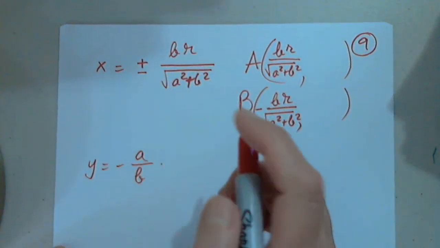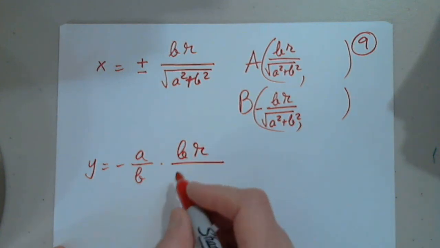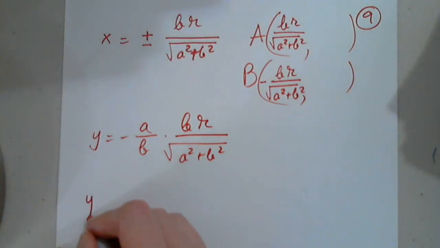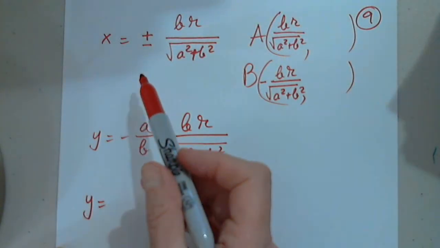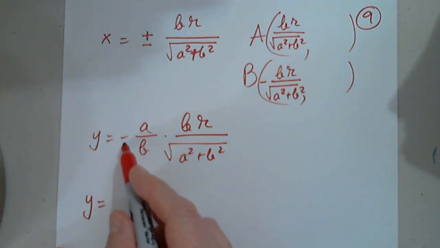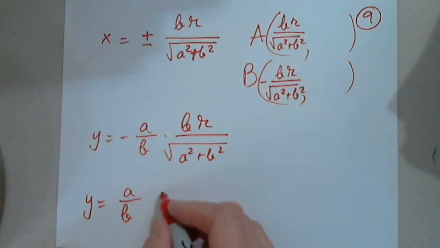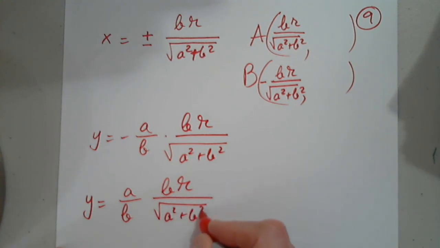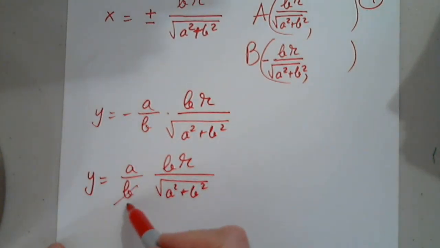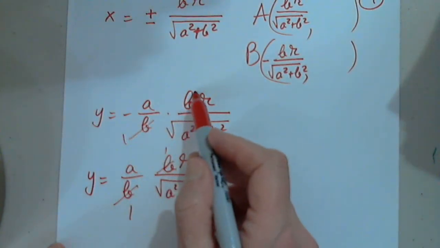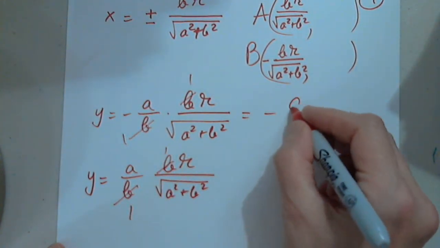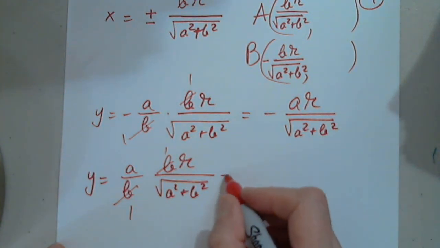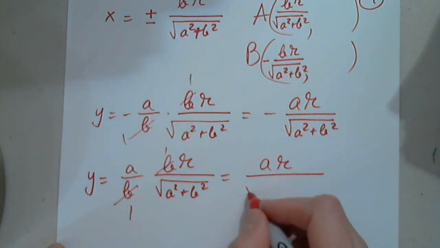When it's positive, I have br over the square root of a squared plus b squared, or with the other sign, the negative, but that will change this into a positive a over b, times br over the square root of a squared plus b squared. Simplify, simplify. So the first one is negative ar over the square root, and the second one is ar over the square root.